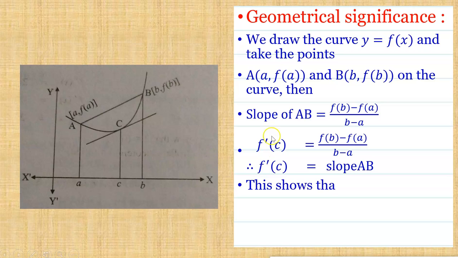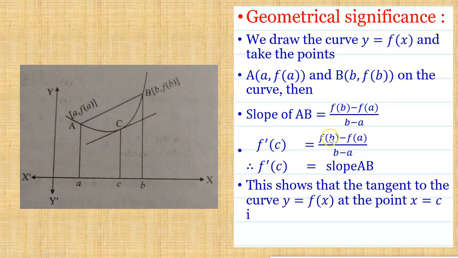Second, f dash of c equals (f of b minus f of a) upon (b minus a), and that is nothing but the slope of AB, where the point c belongs to the open interval (a, b). This shows that the tangent to the curve y equals f of x at the point x equals c is parallel to the chord AB.